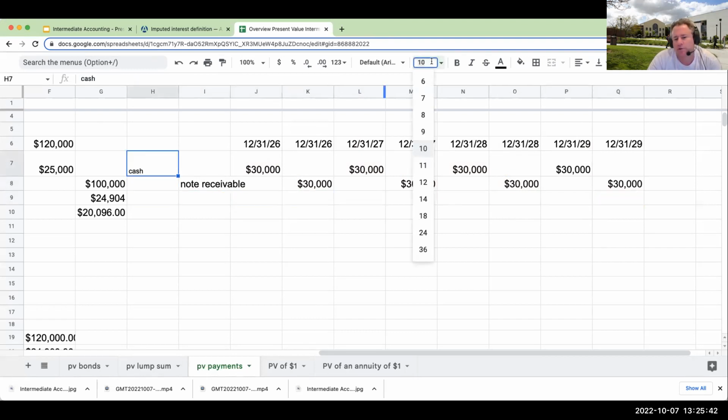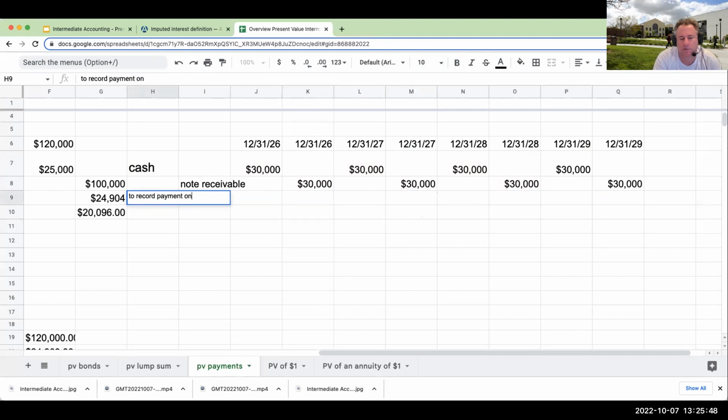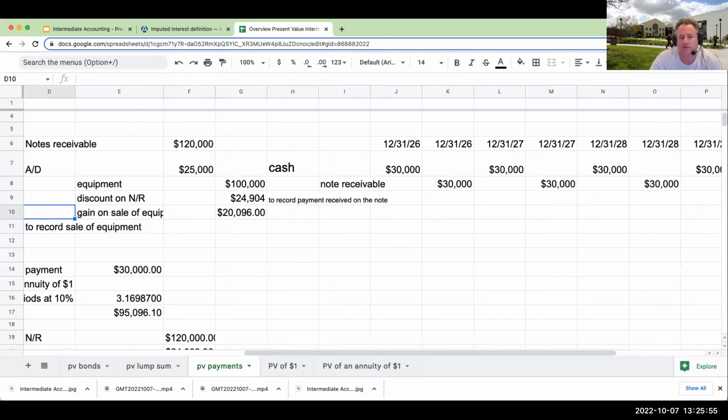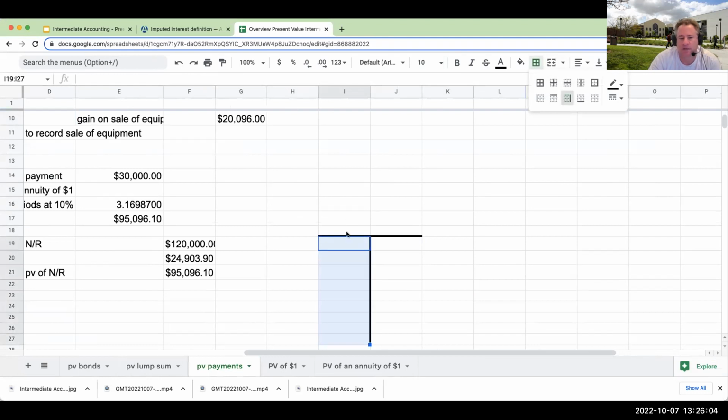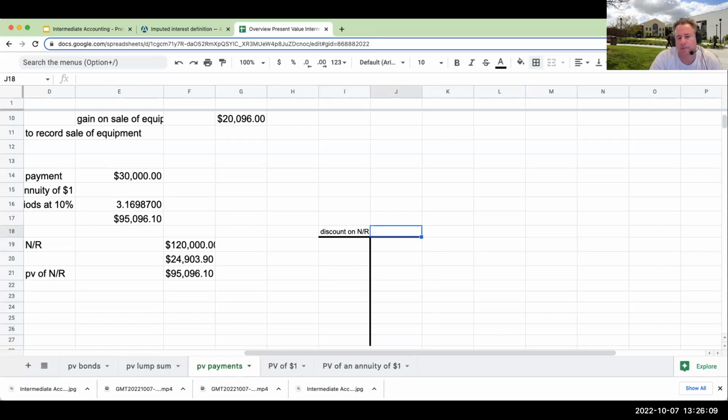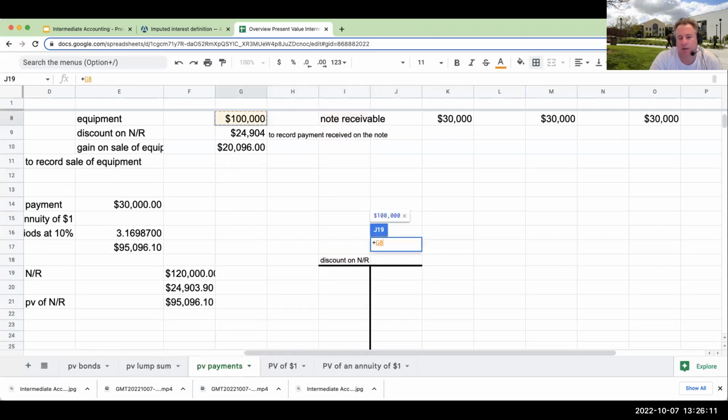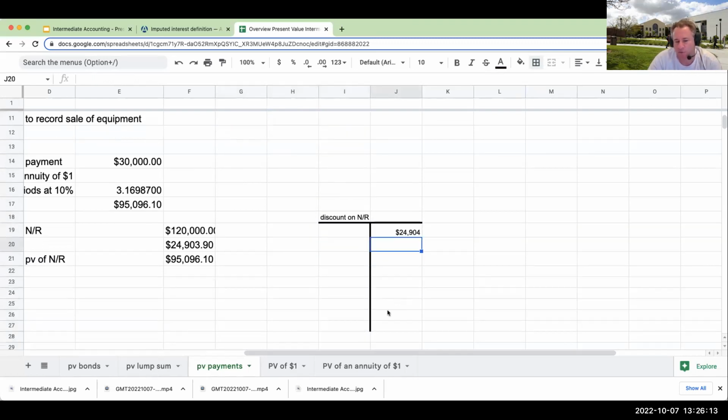Now, this is to record payment received on the note. The challenge is that when I look at this discount on note receivable, which is a contra asset account, it presently has a credit balance of 24,904.